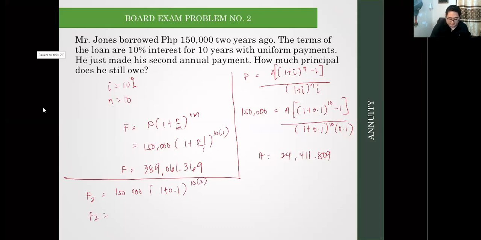So 150,000, 1 plus 0.1 raised to 2 years lang. So dapat 2 lang to. So in 2 years, 181,500 yung utang na niya. Okay? After 2 years. Kasi 2 years ago pa yung 150,000.